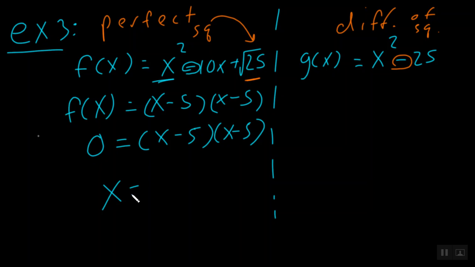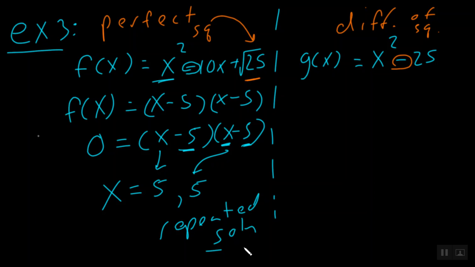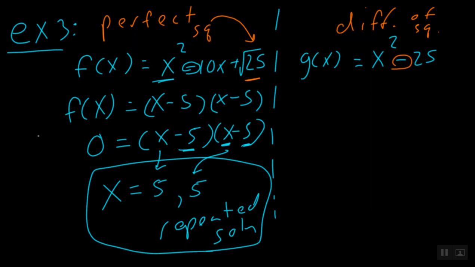And we're going to say this x is equal to the opposite of negative 5, which is positive 5. And here, this x, which is the opposite of negative 5, which is positive 5. And once again, we have a repeated solution. Guys, remember, when you have a perfect square, you will always have a repeated solution. That 5 is there twice.